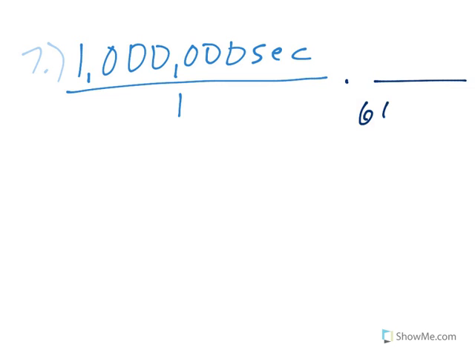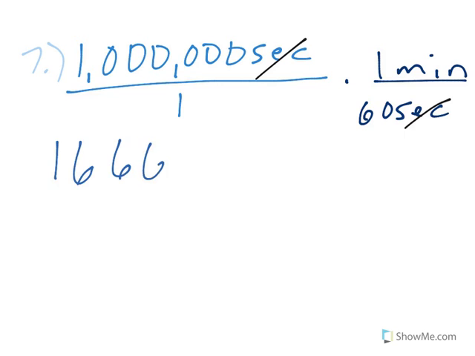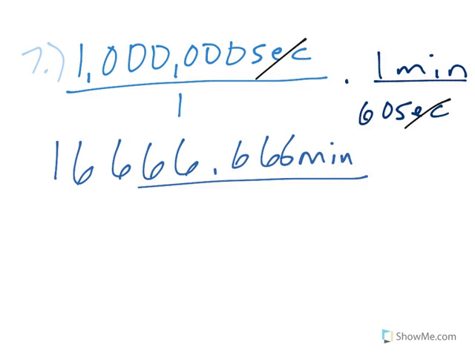Because we know there are 60 seconds in 1 minute. And don't worry, we will get into conversions at a later date. So in order to find how many minutes, we're going to divide 1 million by 60. And we end up with 16,666.66667 minutes.